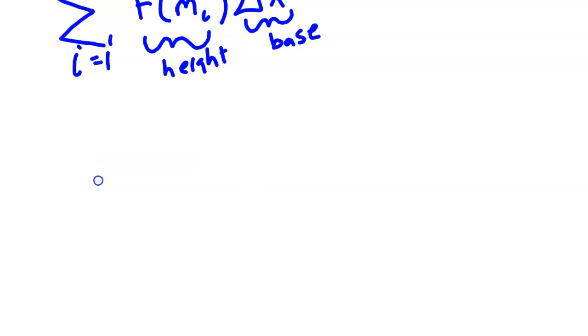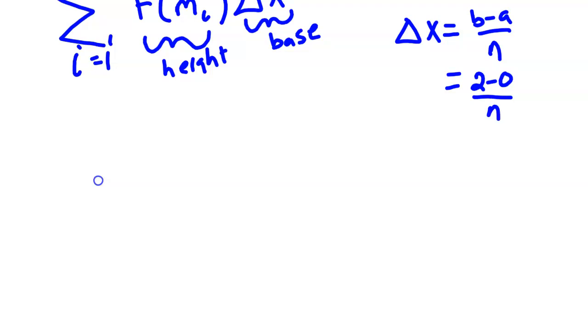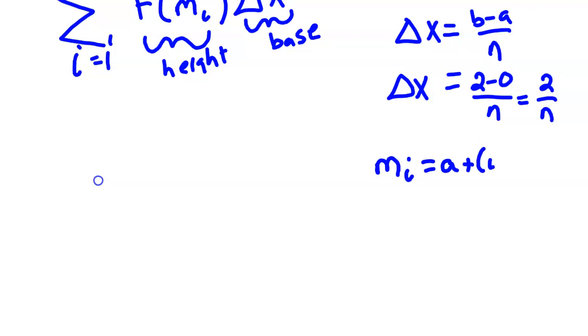We already know that delta x, the formula for that was b minus a divided by n. So we'll generalize that. That would be 2 minus 0 divided by n, which would just end up with 2 over n. So anywhere there's a delta x, we can put in 2 over n. And then we had that formula up above, m sub i equals a plus i minus 1 times delta x.